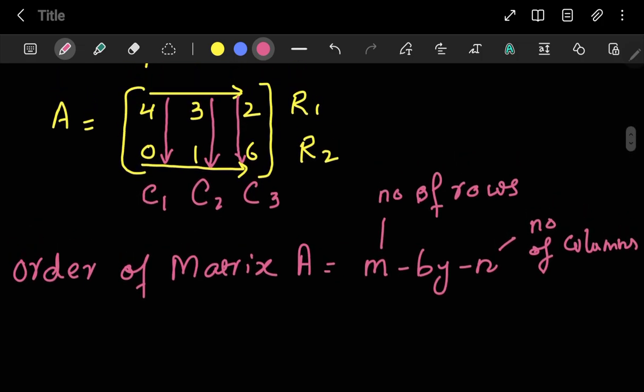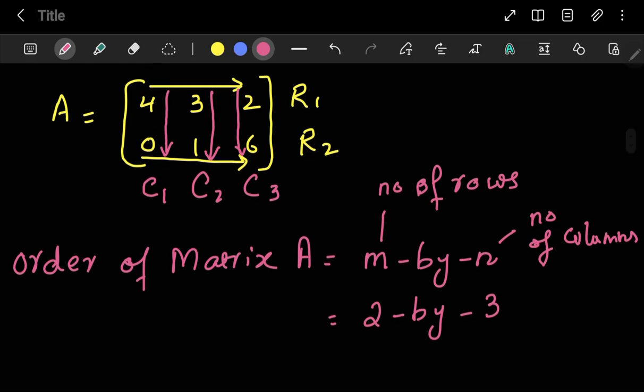So this matrix A has the number of rows, how many? 2. So we may write 2 here, and the number of columns is 3. So we can write 3 here.